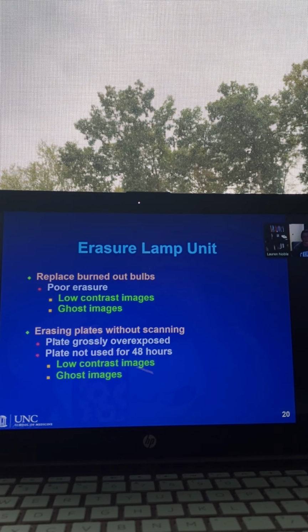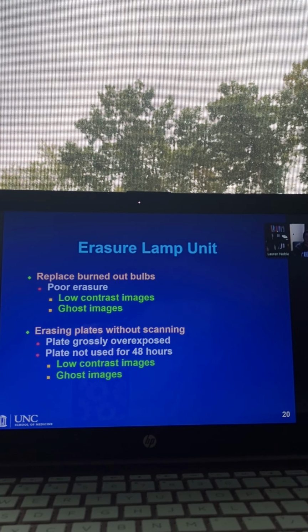I'll show you how to erase the plates without putting them through the whole scanning mode, because they don't need to be scanned by a laser. We're not interested in extracting that data for an image. We just want to get rid of the extra remaining data because we've already got our image. So if plates are grossly overexposed, you need to erase the plate, and if you haven't used it within 48 hours, because otherwise you end up with low contrast images or ghost images.